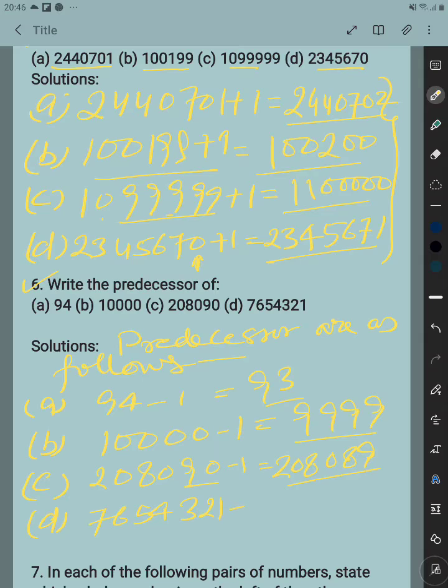If you subtract 1 from this, the 1 will become 0. So it will be 7654320. Okay, so this is the answer for question number 6. All parts we have solved.